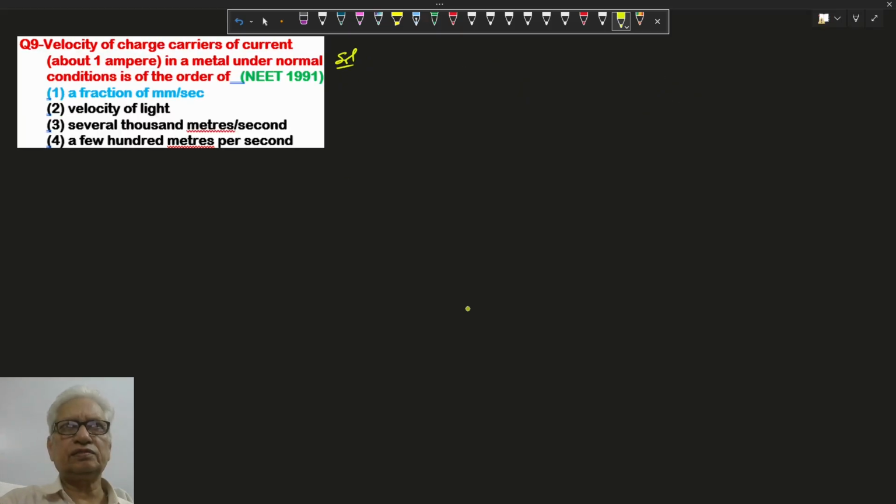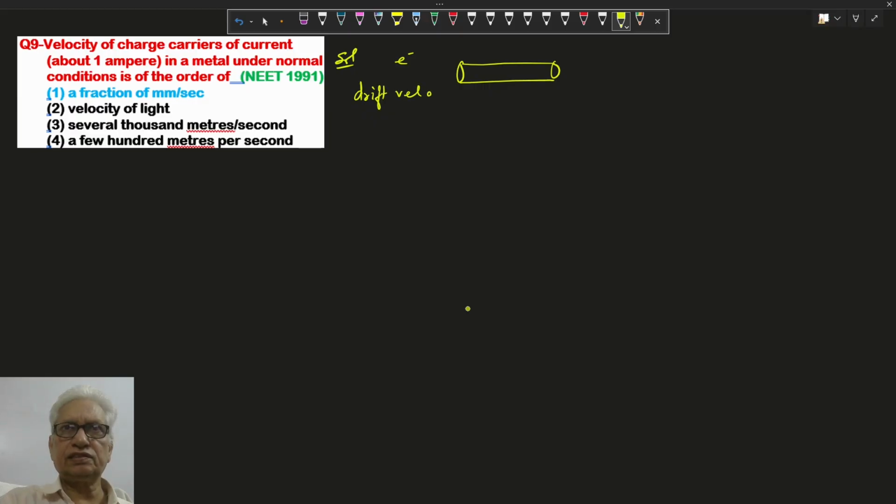This is the question of velocity of the charge. We are talking about electrons moving in a conductor after battery connection, a speed called drift velocity.